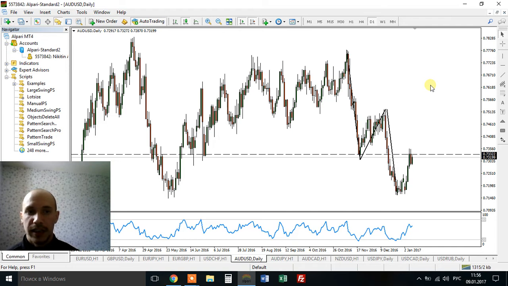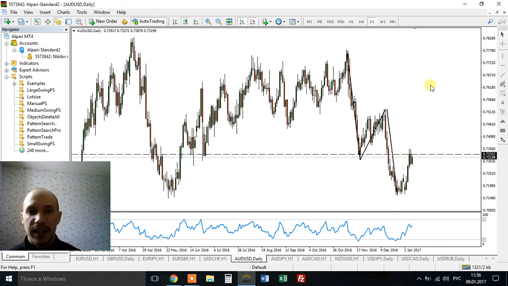So it either continues the movement, or it switches that movement into the opposite. Sometimes the opposite movement is very big, so we say we had some major resistance, support level or pivot level. Sometimes the opposite direction is not big, so we just have a small pullback or something like that.